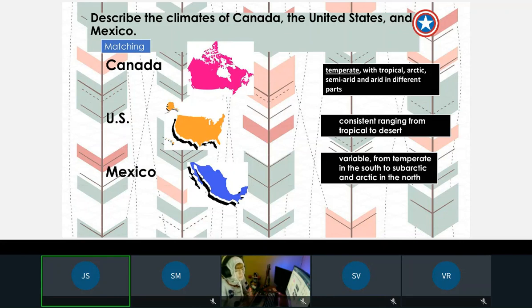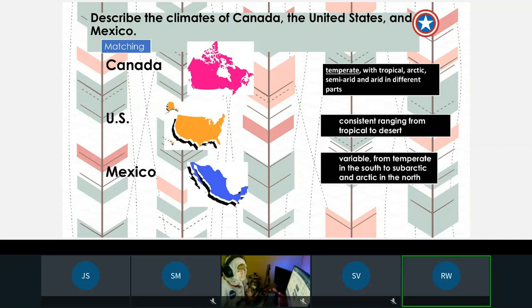Okay, let's see. Canada, the United States, and Mexico. Which of these three countries has a temperate climate with tropical, Arctic, and semi-arid and arid in different parts of the country? Nope. Temperate with tropical, Arctic, semi-arid, and arid in different parts. Okay, that's temperate. Consistent ranging from tropical to desert.